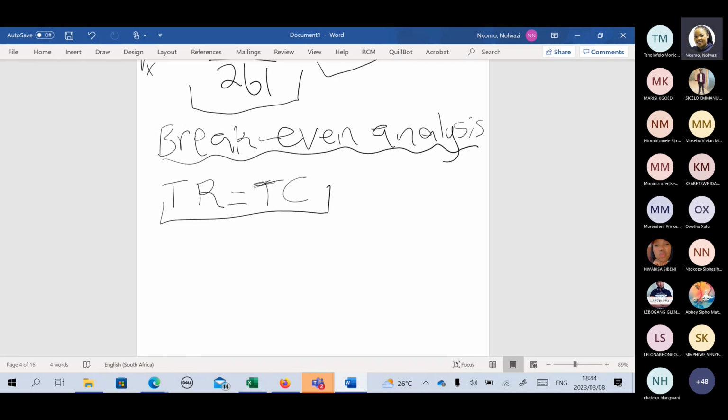Total revenue equals the total cost. And we know that the total cost equals the fixed cost plus the variable cost. So this means at break even, total revenue equals the fixed cost plus the variable cost.